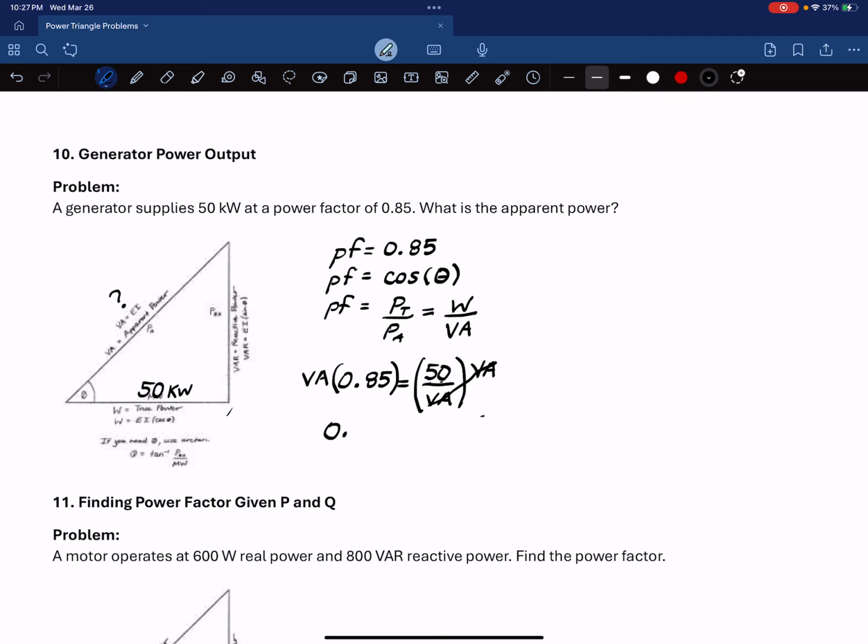So we have 0.85 times apparent power equals 50. So if I divide both sides by 0.85, I'm going to end up with my apparent power. And 50 divided by 0.85 is approximately 58.82.